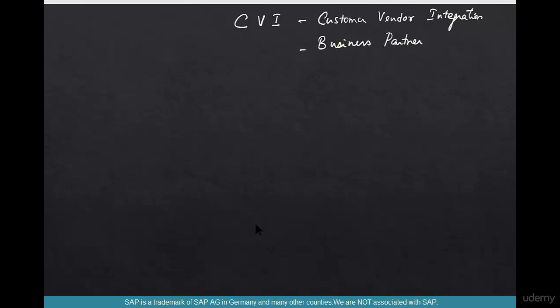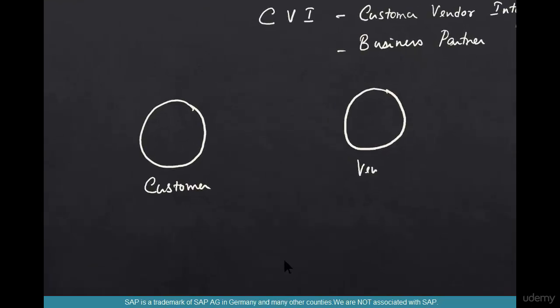Now, as an SD or MM or PP consultant, you know that primarily there are two pieces of master data. One is a customer, another the vendor, right? Well, there are assets and other stuff, but from a logistics perspective, these are the two main pieces of master data: customer and vendor.